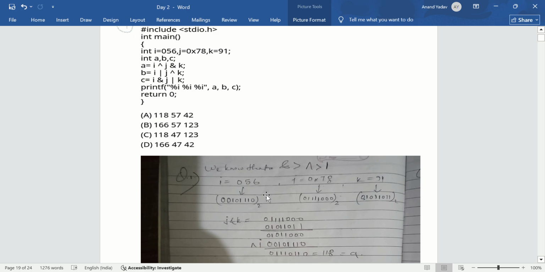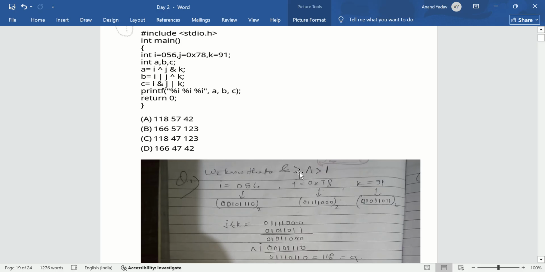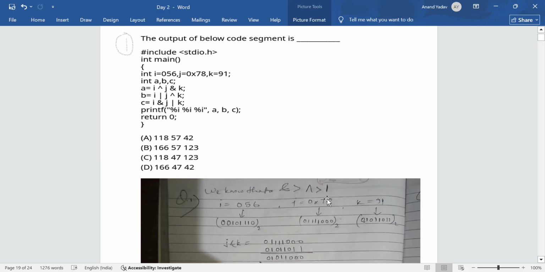First I convert to binary and then perform these operations, the AND operation and the OR operation. First we perform the AND operation because AND has higher priority than the OR operation.